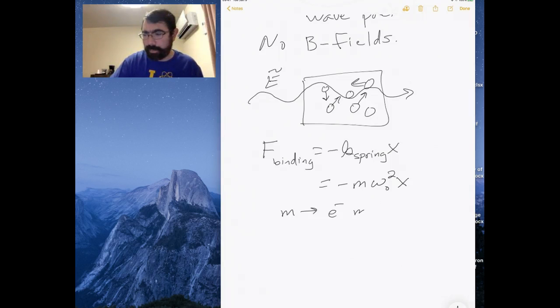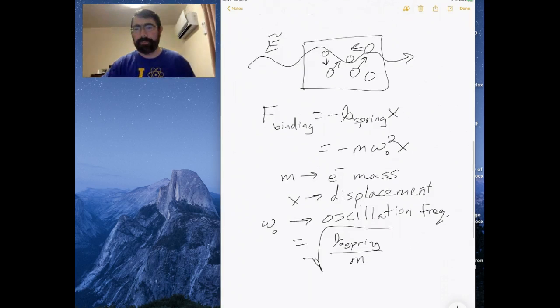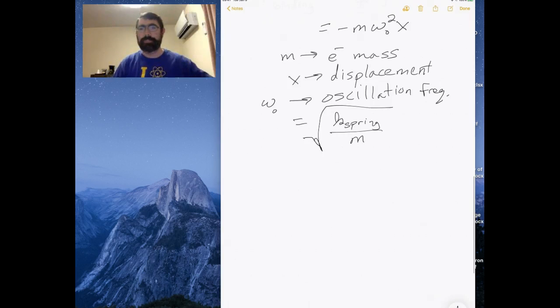So this is the electron mass, this is the displacement, and this is the oscillation frequency, which I can write as the square root of the spring constant divided by the mass. That's kind of an ugly square root, but anyway.